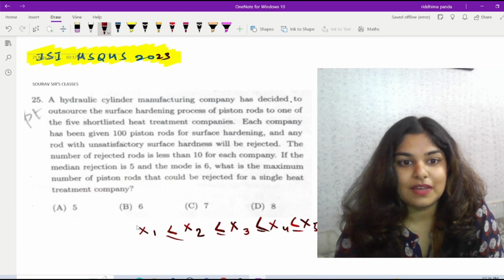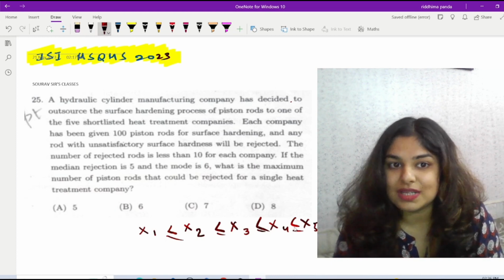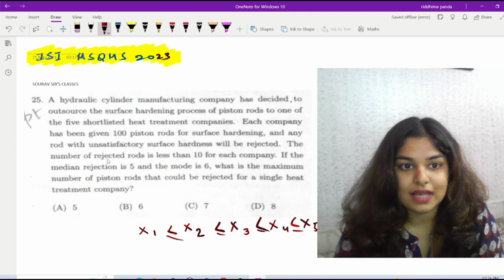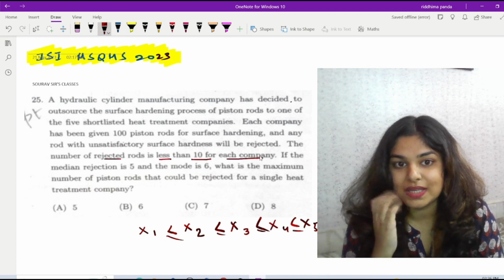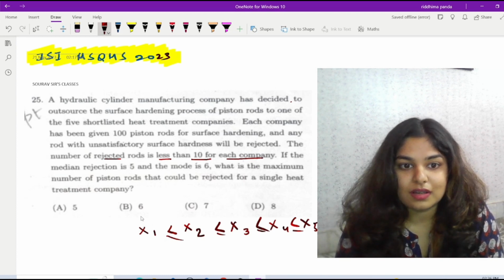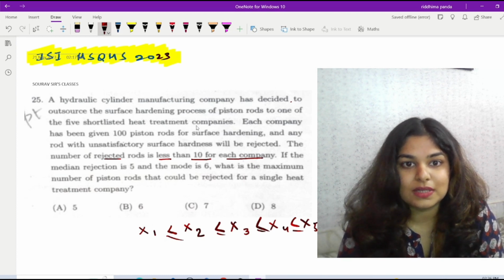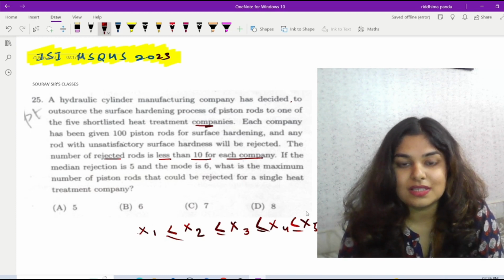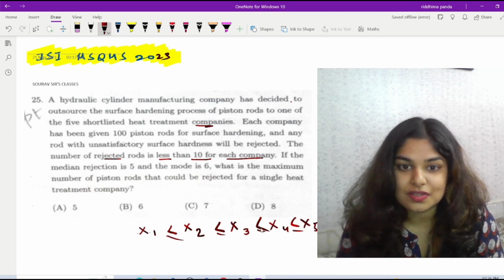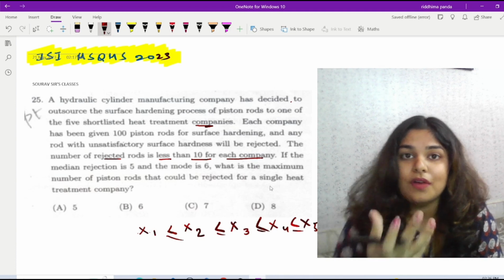So we have taken 5 rejections and arranged them in ascending order. Another thing is that these rejected rods are less than 10 for each company. So there are 5 treatment companies, x1, x2, x3, x4, x5, arranged on the basis of number of rejections.